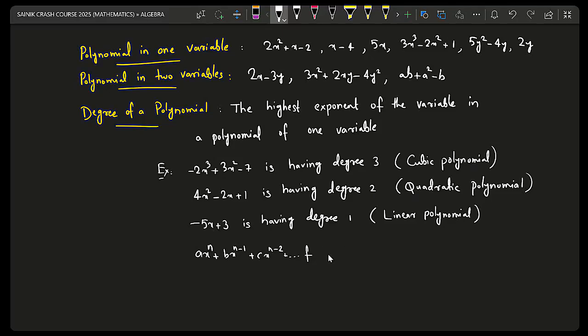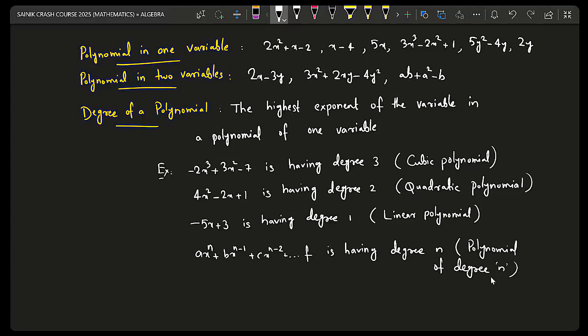This has degree n. So we write it as a polynomial of degree n. So this is the meaning of degree of the polynomial.